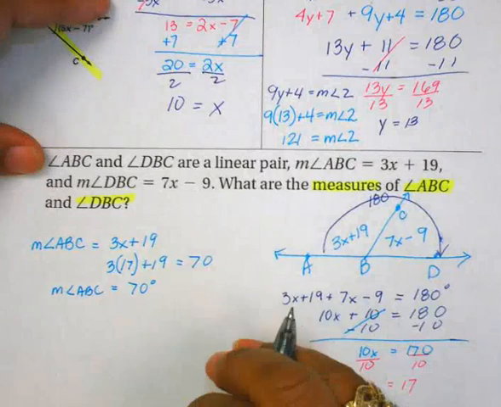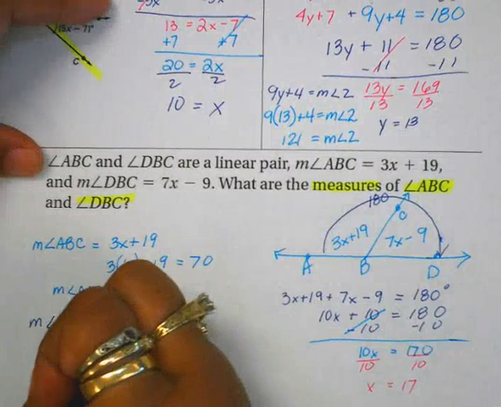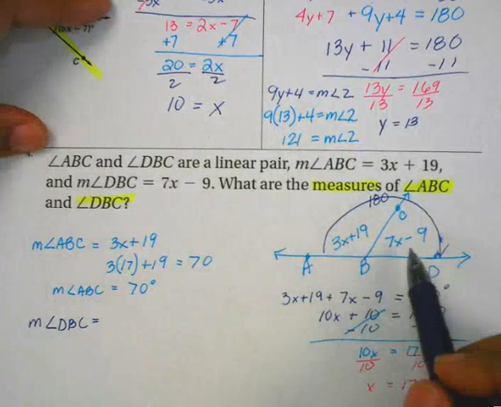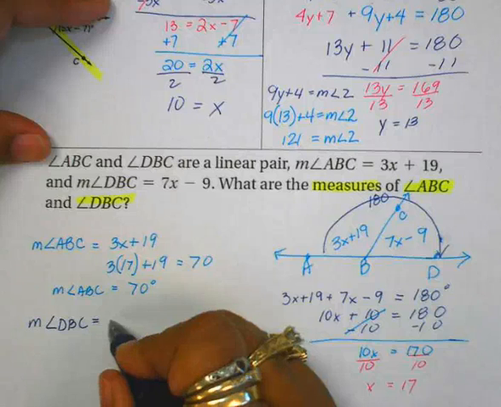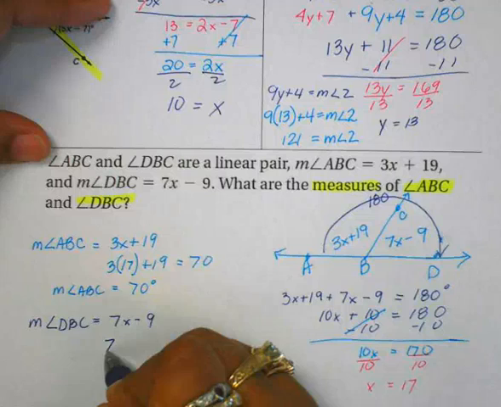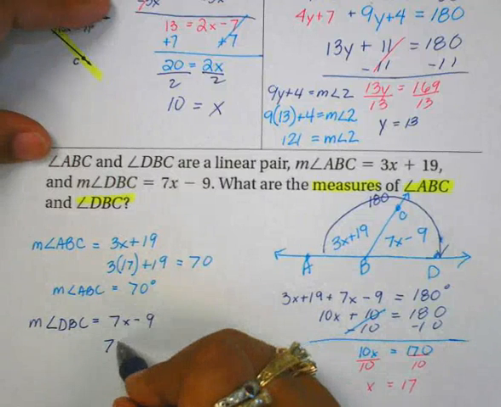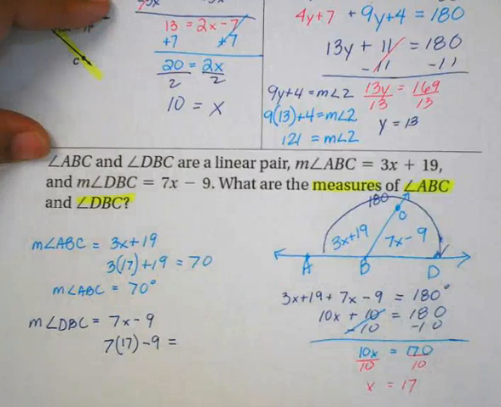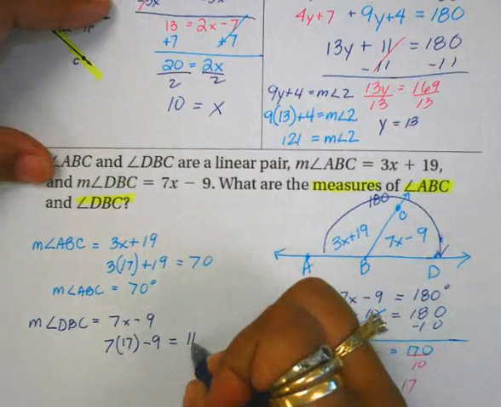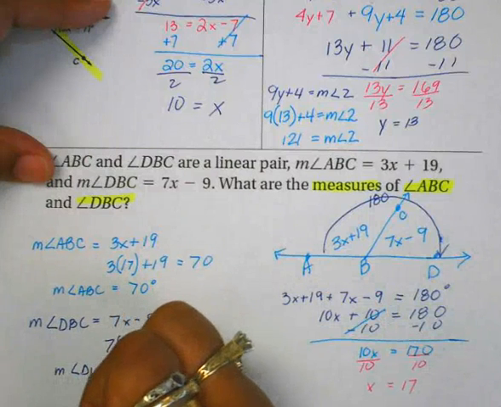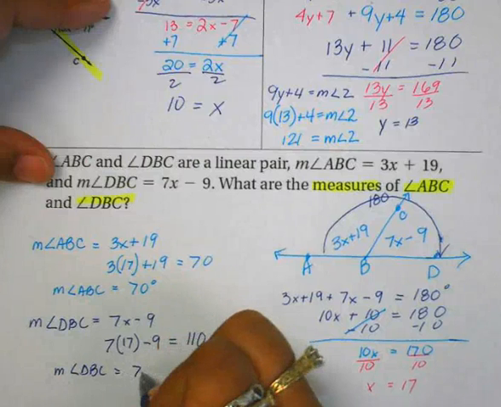Let's do the measure of angle DBC, which was 7x minus 9. Substitute in our value of 17 where the x is, and minus 9. So the measure of angle DBC is 110 degrees.